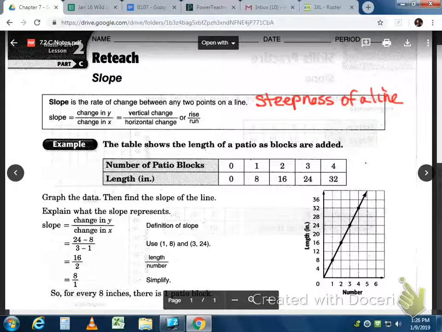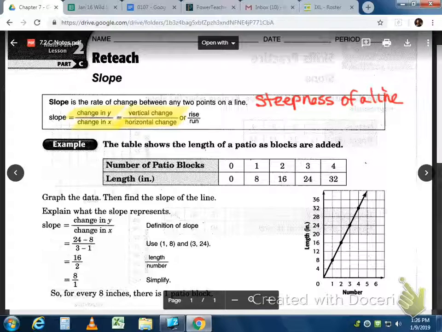You're going to talk about slope in a lot of different ways as you start going on farther and farther in math. So slope is that rate of change, and we've already said change in y over the change in x. Really important. It's what I had you write down yesterday. It's the vertical change over the horizontal change.